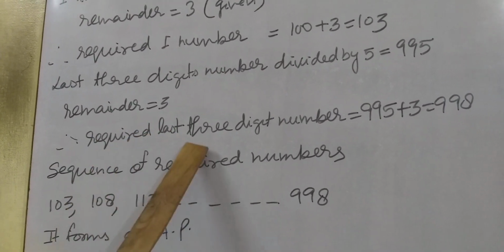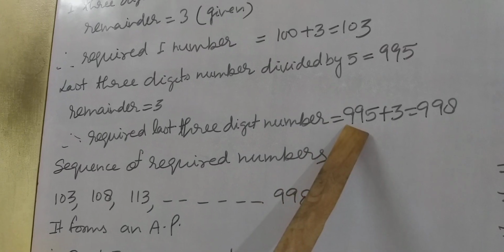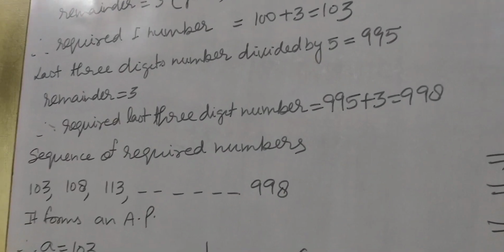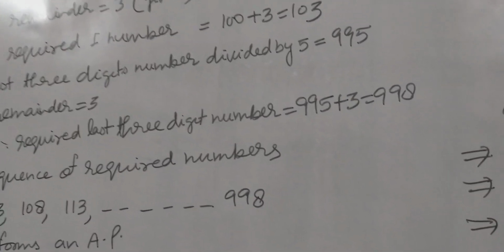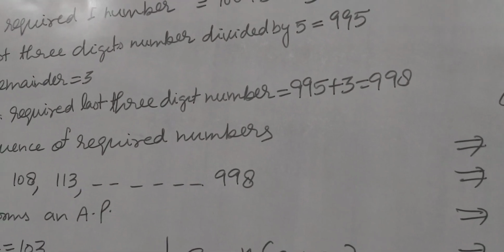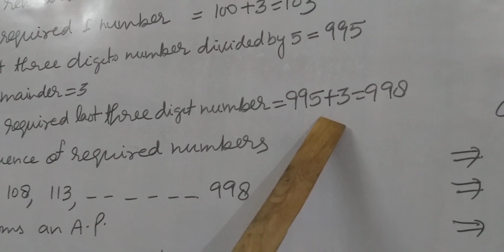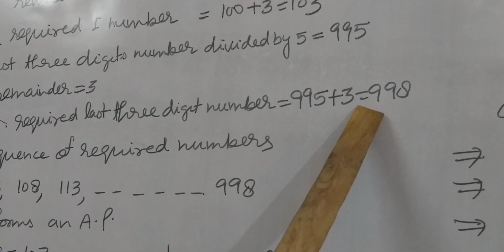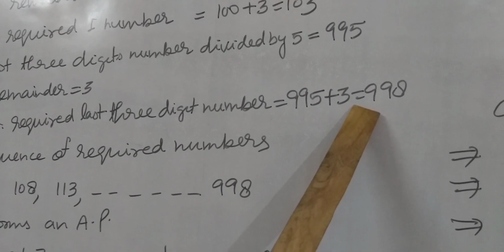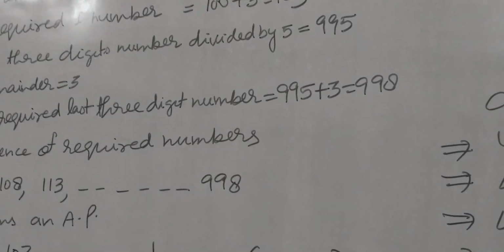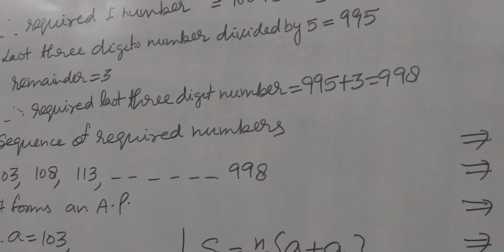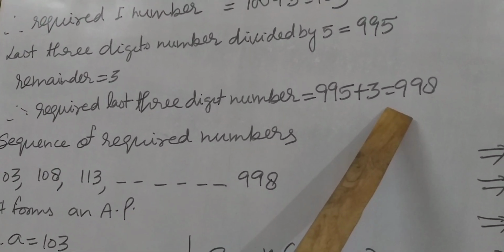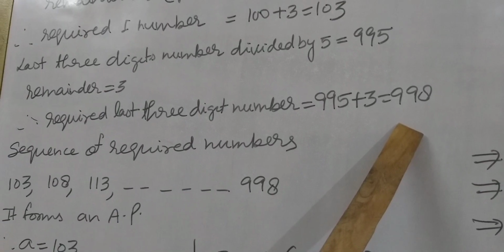The required last three-digit number equals 995 plus 3. Again we have added 3, because when we add 3, the number will be of 3 digits and we need a 3-digit number. So the last number is 998.